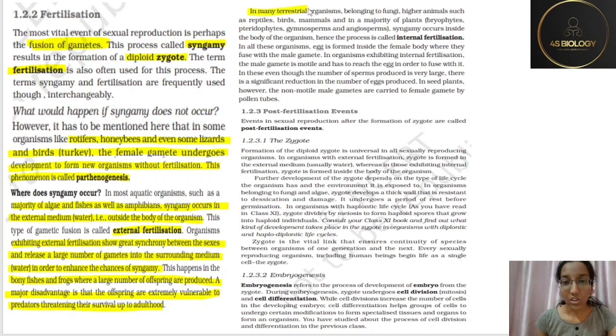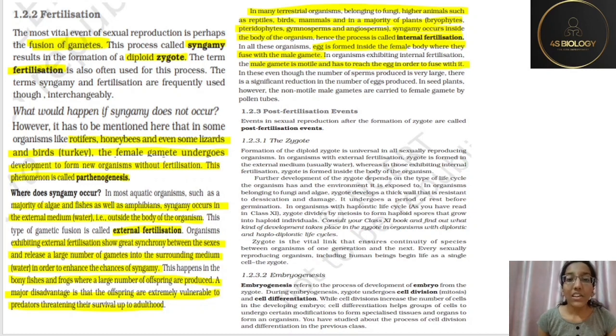In many terrestrial organisms belonging to fungi, higher animals such as reptiles, birds, mammals, and in the majority of plants, bryophytes, pteridophytes, gymnosperms, angiosperms, syngamy occurs inside the body of an organism. Hence, the process is called internal fertilization. Here, the egg is formed inside the female body where it will fuse with the male gamete. In organisms exhibiting internal fertilization, the male gamete is motile and has to reach the egg in order to fuse with it. The egg is stationary.